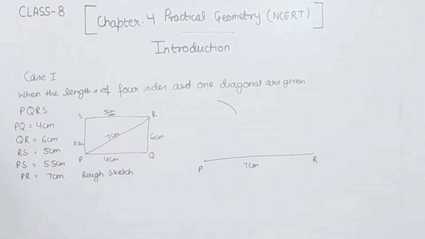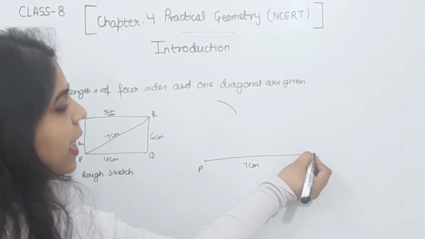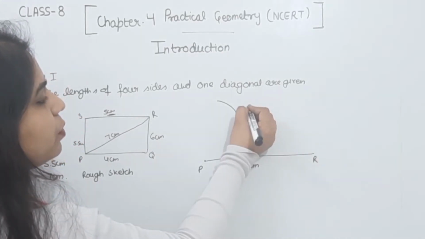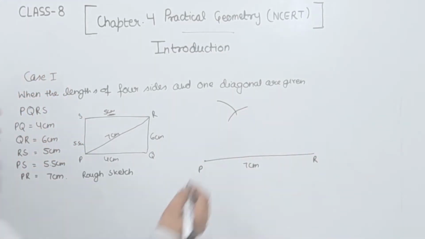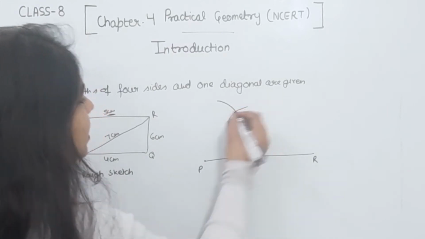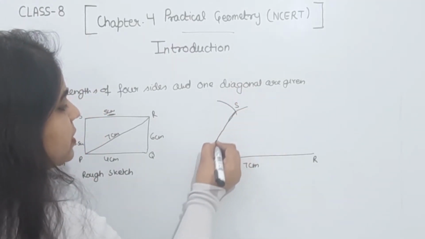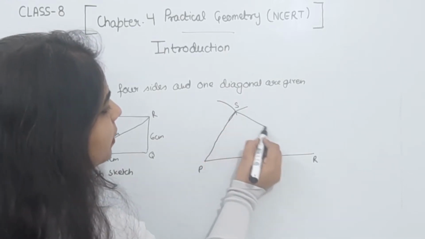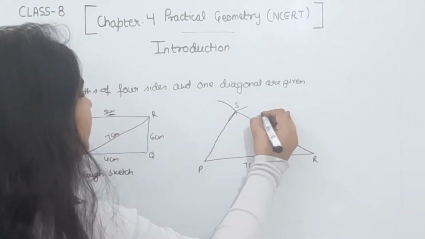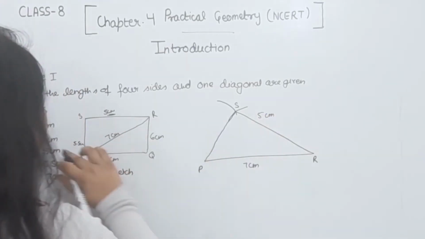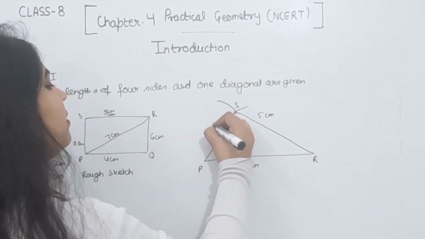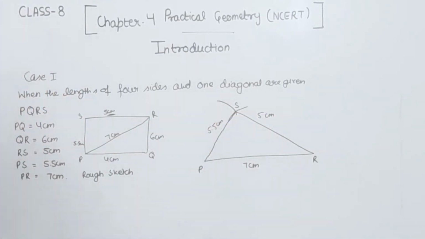So we are going to take the measurement of 5 centimeter in the compass, and with R as the center we are going to draw an arc. Now where both arcs intersect each other, this is the point S. Now we are going to join this with the P and the R. Now this one is 5 centimeter and this one is 5.5 centimeter.